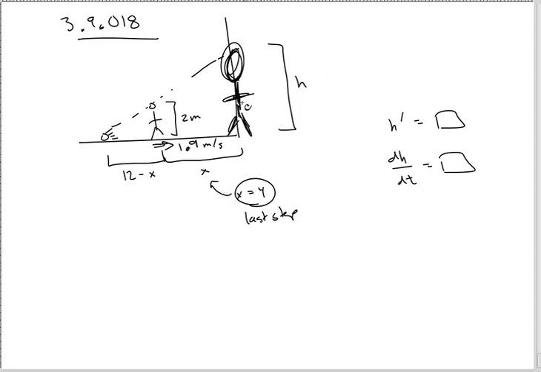As he's walking towards the wall, the shadow should actually be getting smaller, because eventually when he's standing right at the wall with the spotlight, the shadow would be basically as big as he is. It was bigger, up here, but now it's much smaller. So I'm definitely going to have a negative value here. This is decreasing.